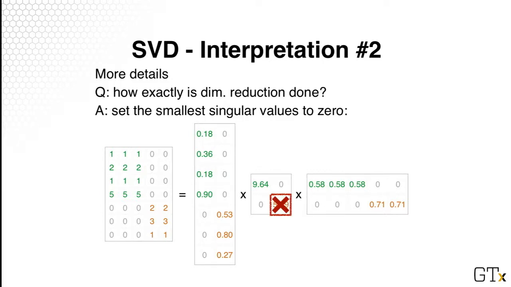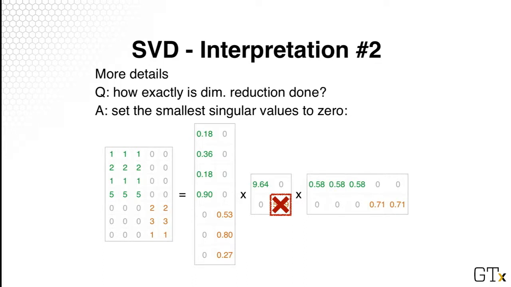What that also means is we can start setting the smallest values to 0, going from the bottom right and gradually moving to the top left. However many concepts we want to keep, those are the diagonal entries that we keep with their original values, and all the other diagonal entries we just set to 0.